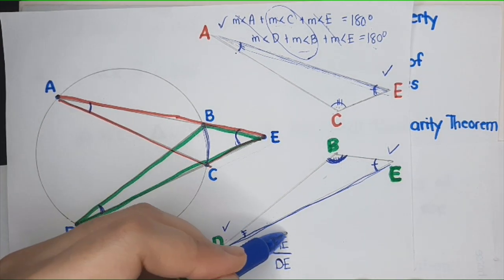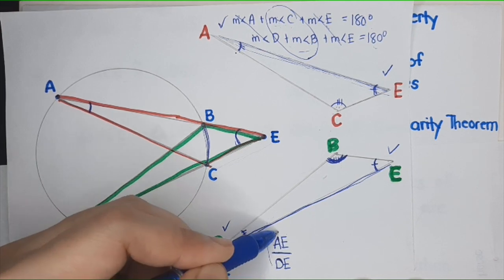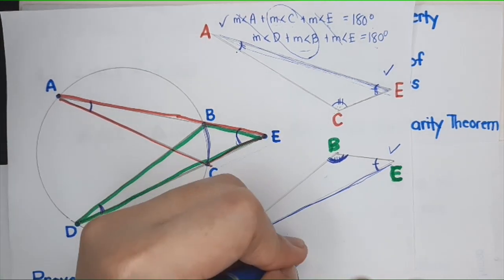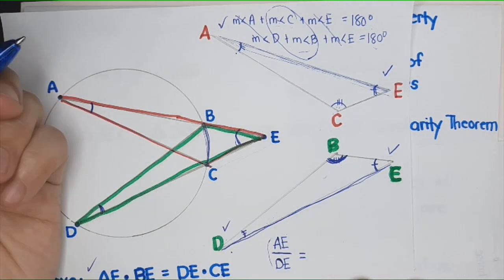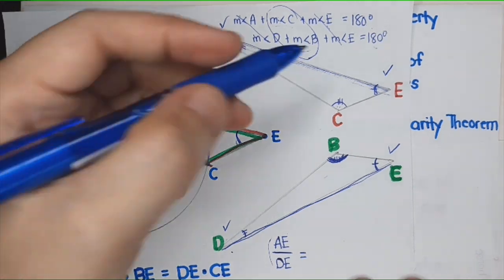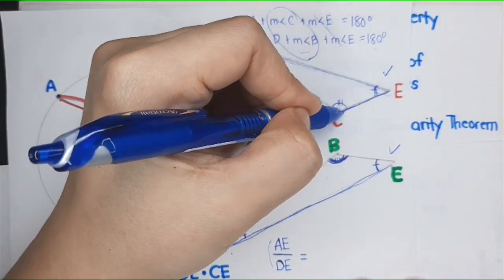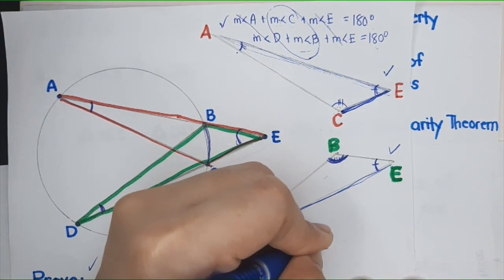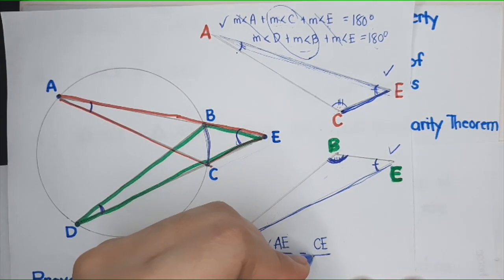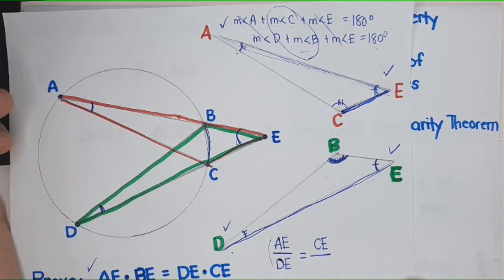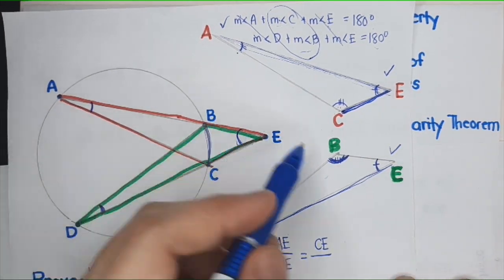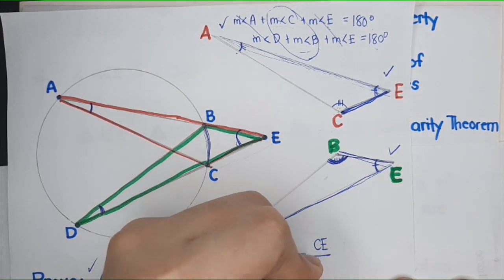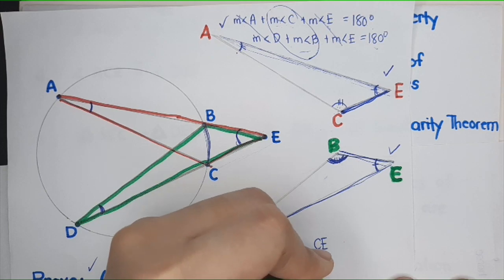Yun yung sinasabi ng the ratio of the lengths of the corresponding sides of similar triangles are equal. Equal to, pili ka ulit ng isa pang side. So, ito. This one is CE. The length of that is written in this way. Over, alin ang corresponding side niya dun sa second triangle? Diba ito? So, let me write. It's BE.